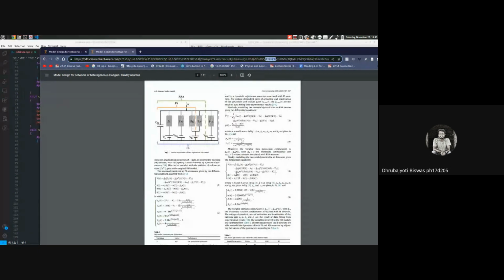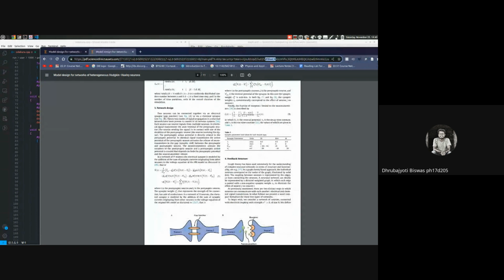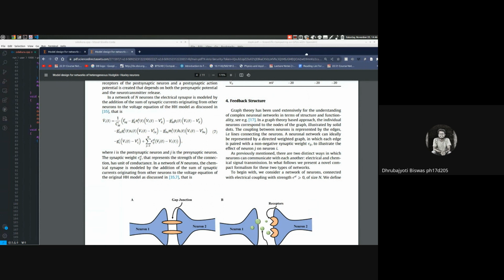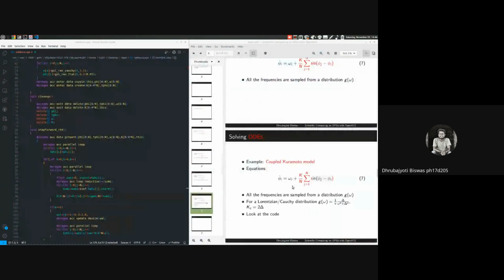So I think they have a coupling term here, network design. Yeah, you see this. In this paper, they have a coupling term of this form. They don't have a sine, they just have Vj minus Vi, but the theory, the procedure of parallelizing will be the same. So this is quite a general way of doing a GPU parallelization for solving ODEs.